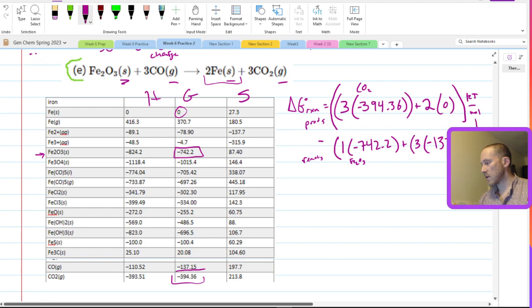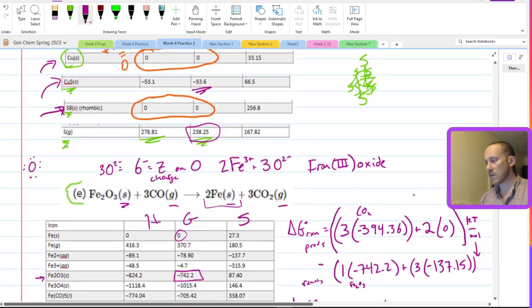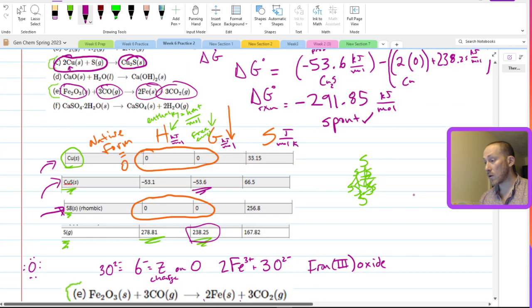And that's the same unit. And you do all that math, multiply some things, add them together, subtract them from each other, and it looks like we get, for this next one, that our delta G of the reaction is negative 29.43. So again, spontaneous. Not as much as the last one, where we just had negative 291.